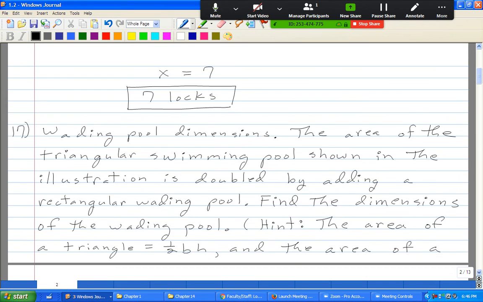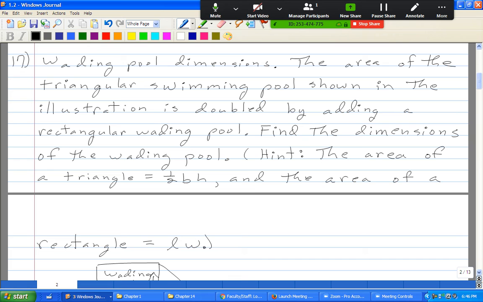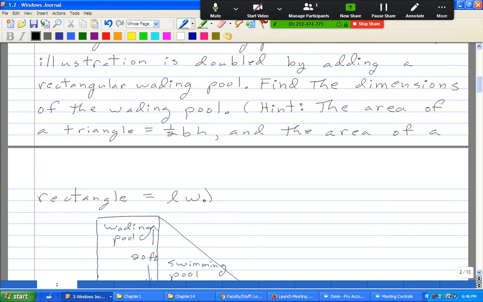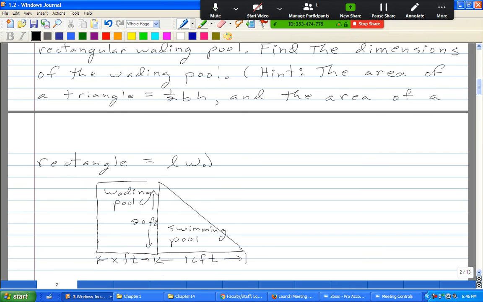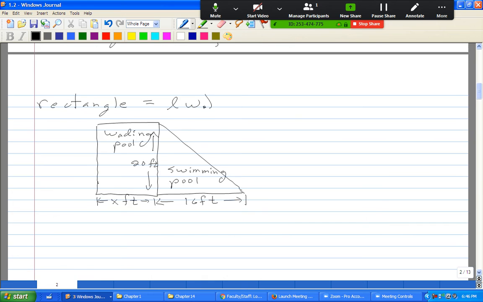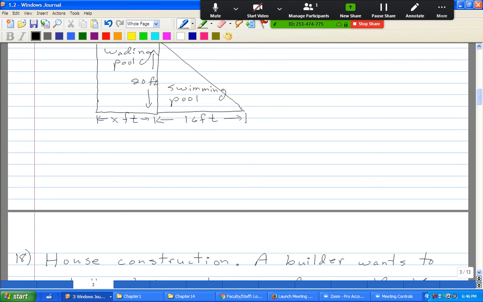Let me do problem number 17. Wading pool dimensions. The area of the triangular swimming pool shown in the illustration is doubled by adding a rectangular wading pool. Find the dimensions of the wading pool. Hint, the area of a triangle is 1/2 base times height. The area of a rectangle is length times width.